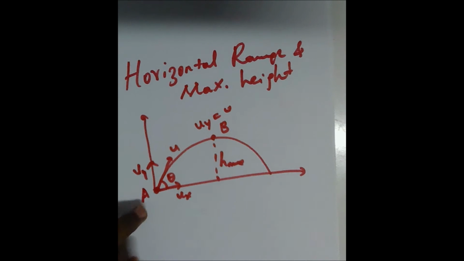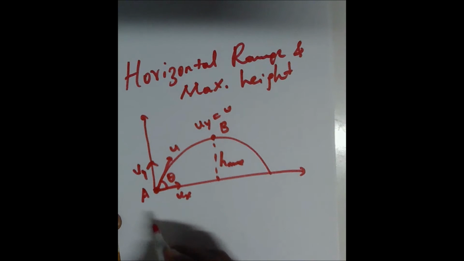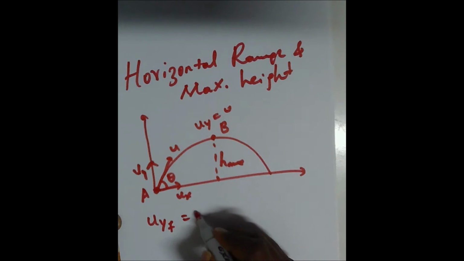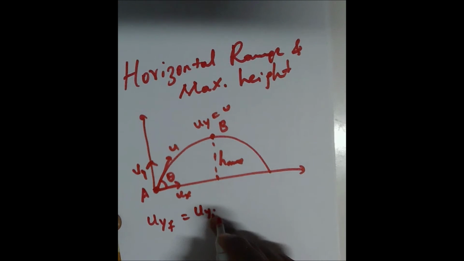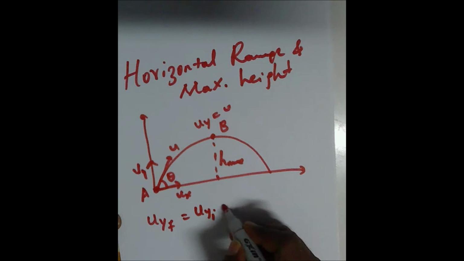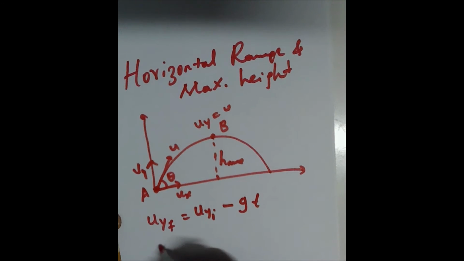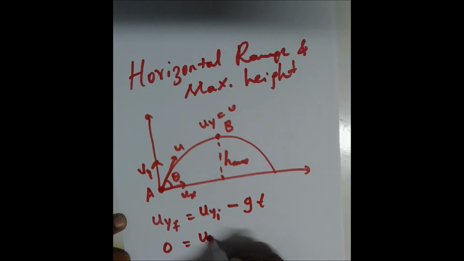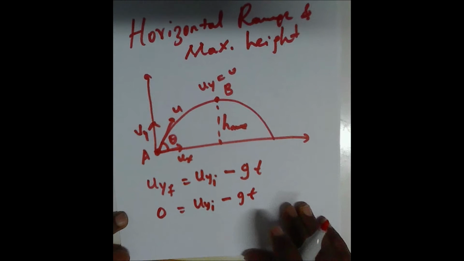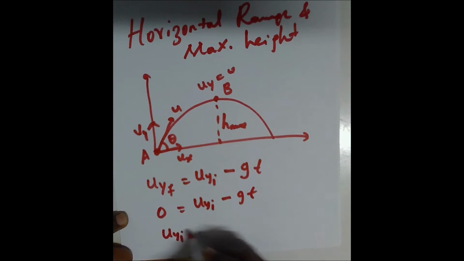So considering these two points, uy final, which is equal to 0, is equal to uy initial minus acceleration multiplied by t. So you have uy initial minus g times t equal to 0, so uy initial is equal to g times t.